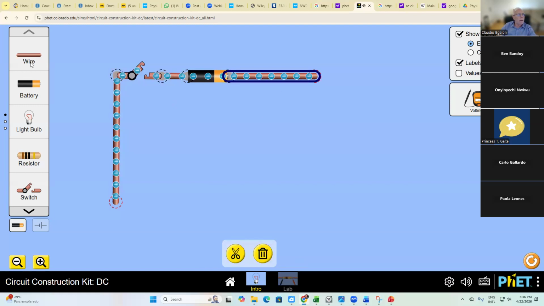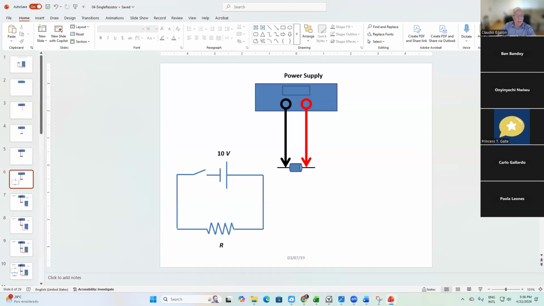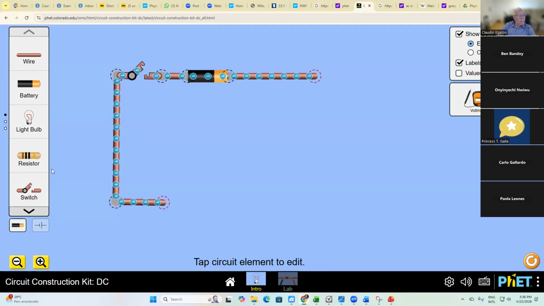Right in here, get another wire. I gotta put the resistor here at the bottom, right? That's the resistor. Here you go. Another wire.